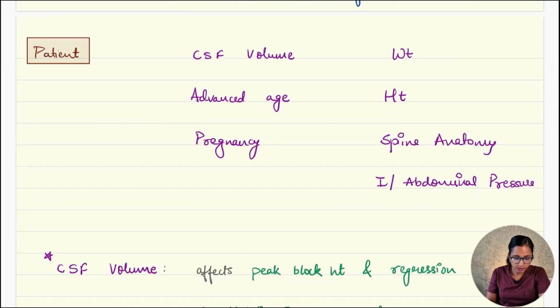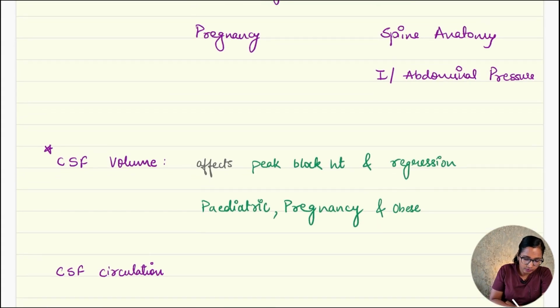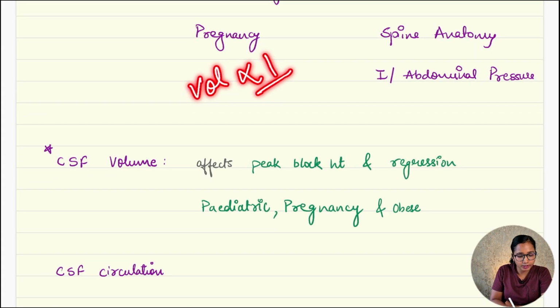Now we will discuss the patient factors. CSF volume, age and pregnancy are important factors. CSF volume affects peak block height and regression of the block as well. CSF volume is inversely related to spread.